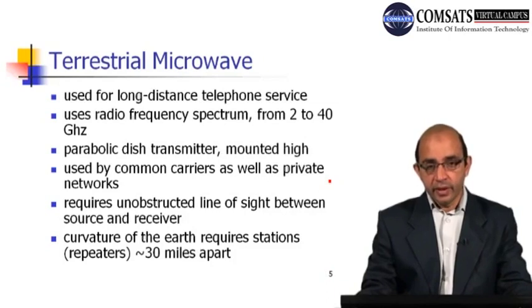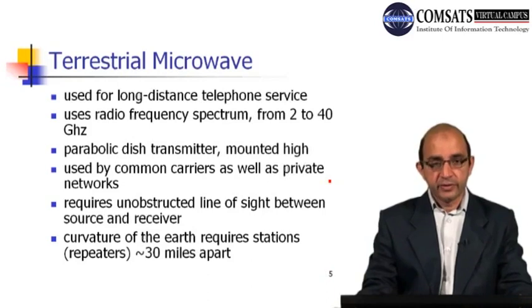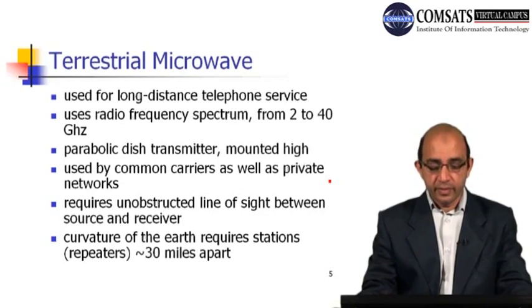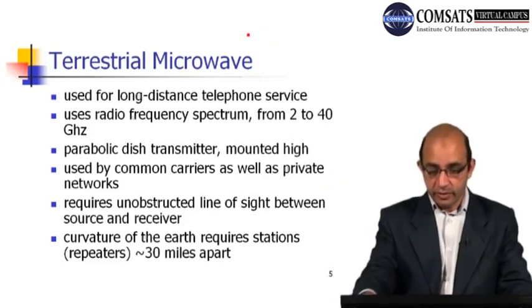So it is actually used by private networks as well as by common carriers. So we need line of sight communication between the source and the destination, right? So the antenna should be aligned as we discussed. So we also take into account the curvature of the earth, because this is a long haul communication, right? So the curvature of the earth should be taken into account.